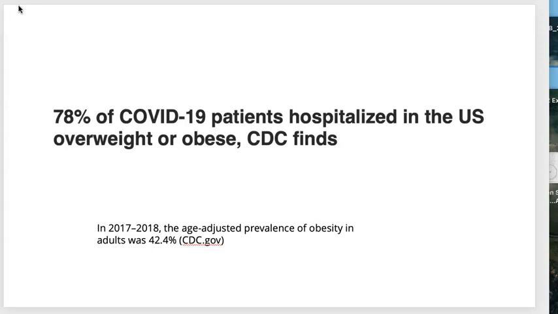Instead, we create these blanket policies which keep everybody suppressed, and over time that causes a tremendous amount of erosion and collateral damage. We know that, for example, nearly 80% of COVID patients hospitalized in the US are overweight or obese, which should have allowed us to create more tailor-made public health policy.